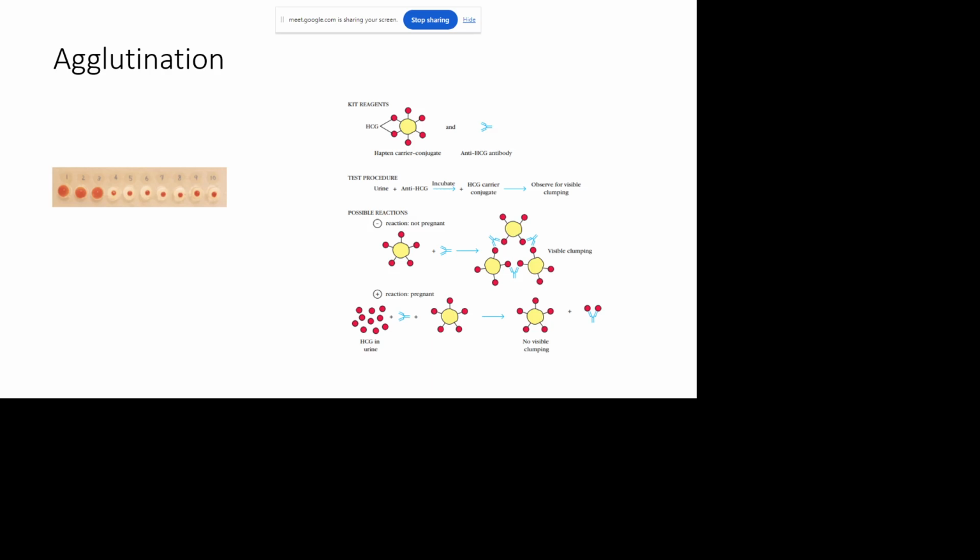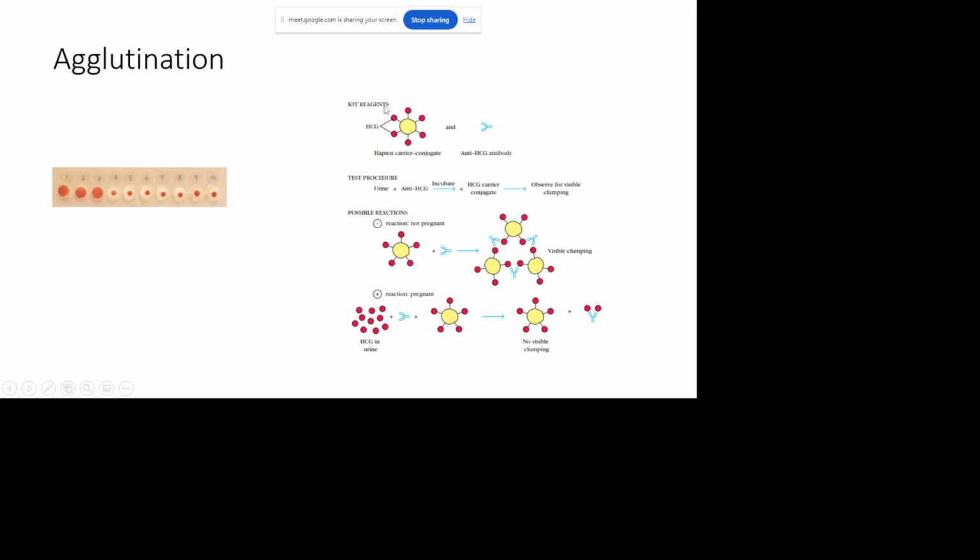So in order to decide whether the sample is from a pregnant woman or not, in case of negative, there will be no HCG hormone in the urine, right? So upon the addition of the antibody and the HCG hapten carrier conjugate, they will make a cross link, which is a precipitation that will give you a visible clump.